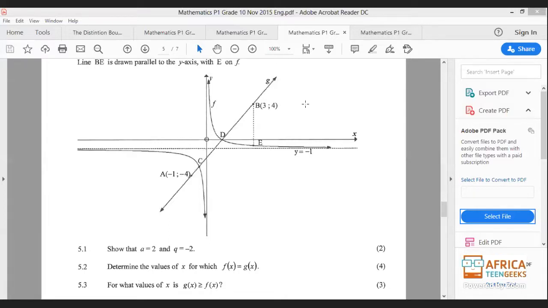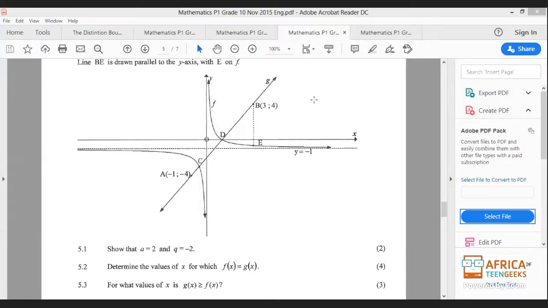Yes, can you please take us through? So essentially, since you already have the gradient, all you have to do is fill in the missing blanks and solve for the missing value. You just take one of the coordinates, in this case let's say B, which is 3 by 4.